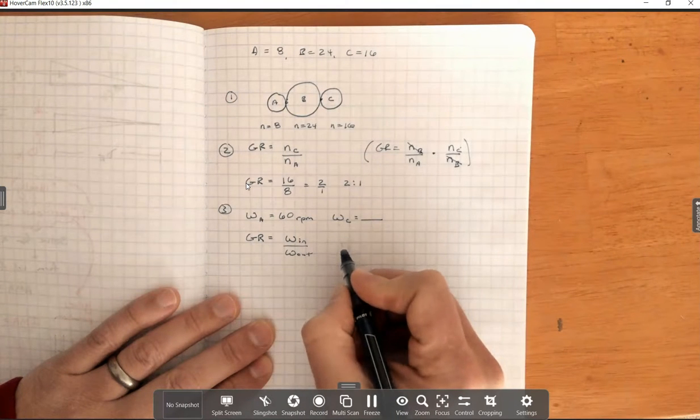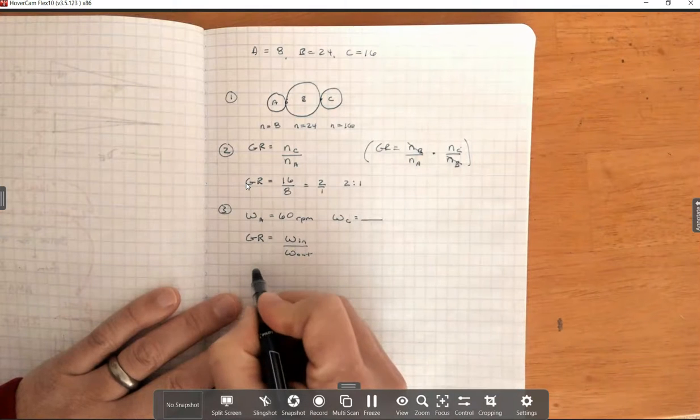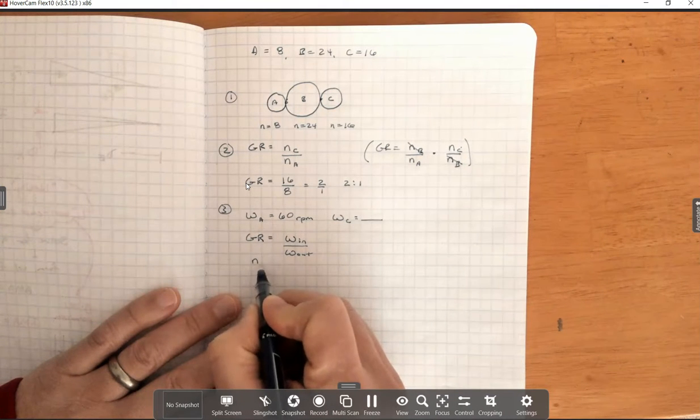In this case, our gear ratio of 2-to-1 came from the ratio of the teeth.